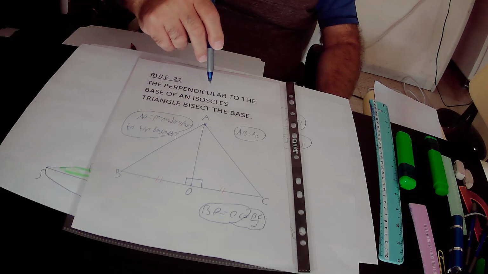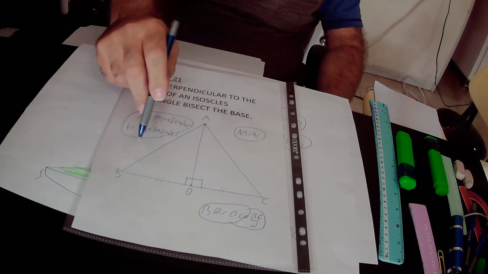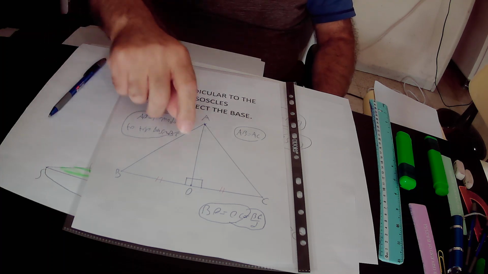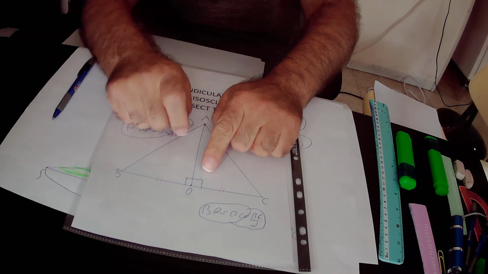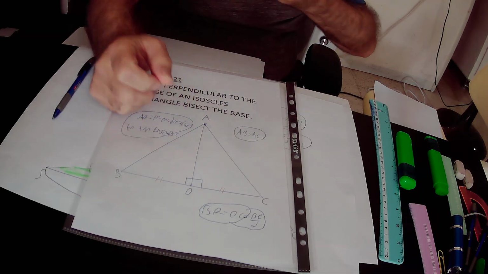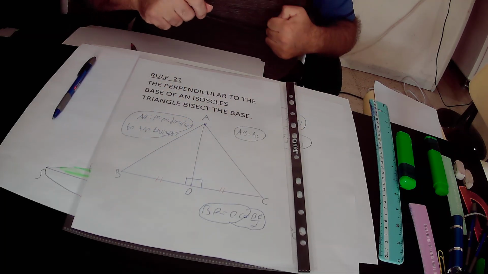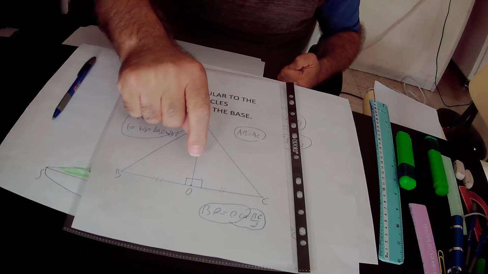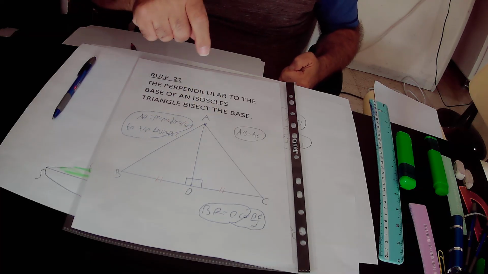From the vertex A, we go perpendicular AO to the base BC. So this angle equals 90 degrees, and this angle also equals 90 degrees according to our construction. According to rule 21, the perpendicular AO bisects the base BC.